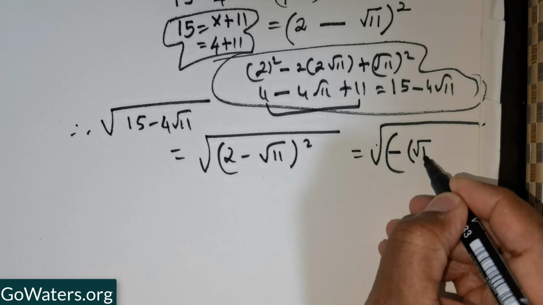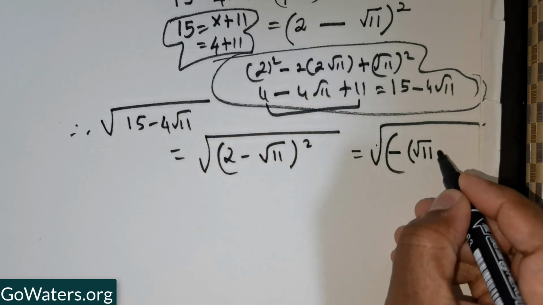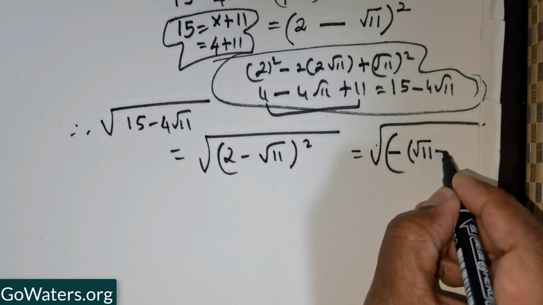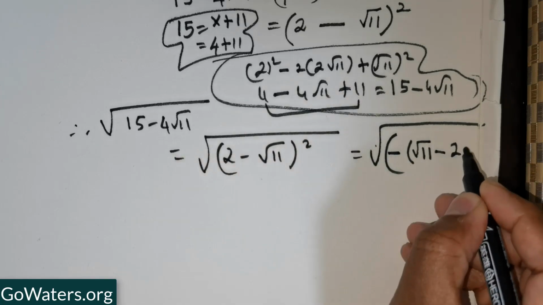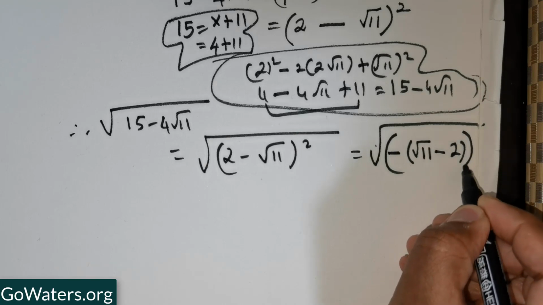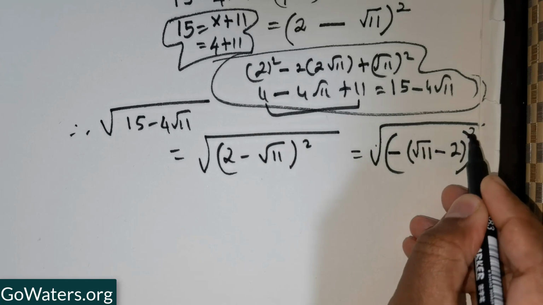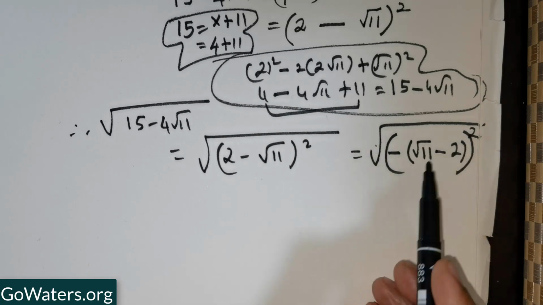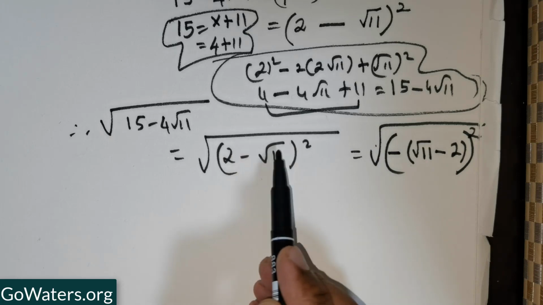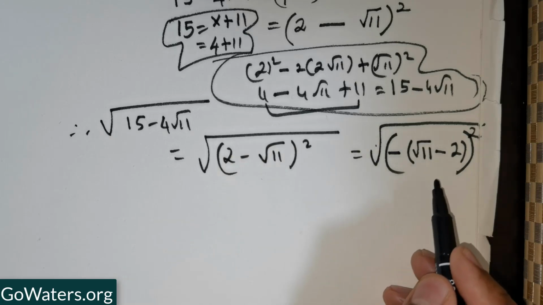So this is going to be negative times (root 11 minus 2). All this is done inside the square. I'm not involving the square at all. Inside the square, I am rearranging the terms.